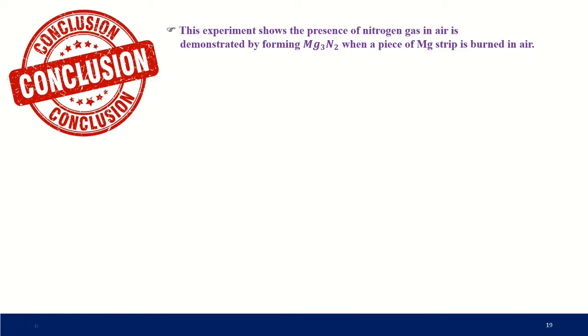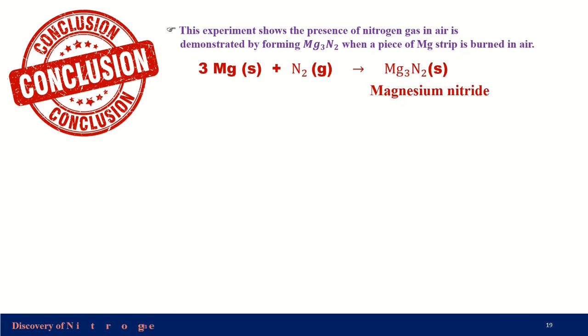This experiment shows that the presence of nitrogen gas in air is demonstrated by the formation of magnesium nitride when a piece of magnesium strip is burnt in air. You can write the balanced equation: 3 magnesium solid reacts with nitrogen gas to form Mg3N2 solid, magnesium nitride.